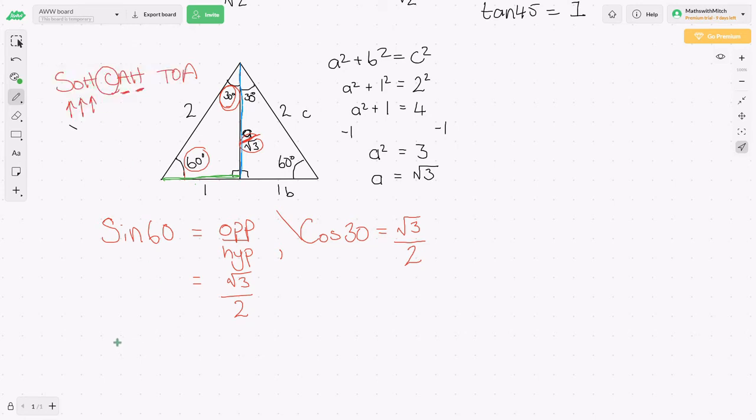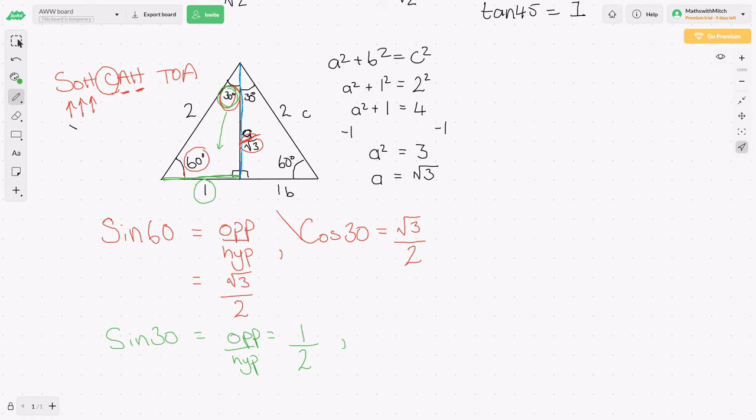So this time, if you were to look at it sine 30, and we're saying sine 30 because we're approaching it from this angle, and it is opposite over hypotenuse, which is going to equal opposite is 1, and the hypotenuse is still 2, hasn't changed, so it's a half.